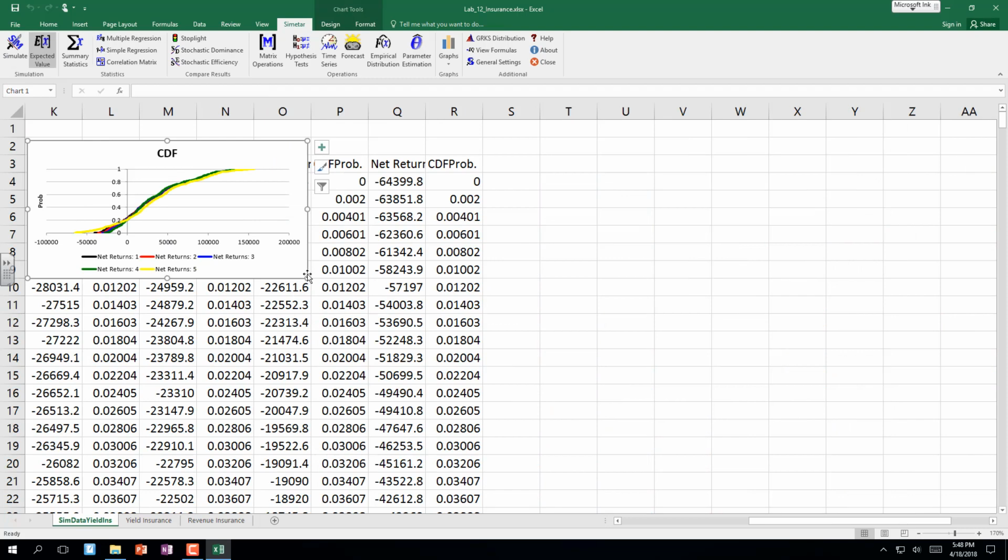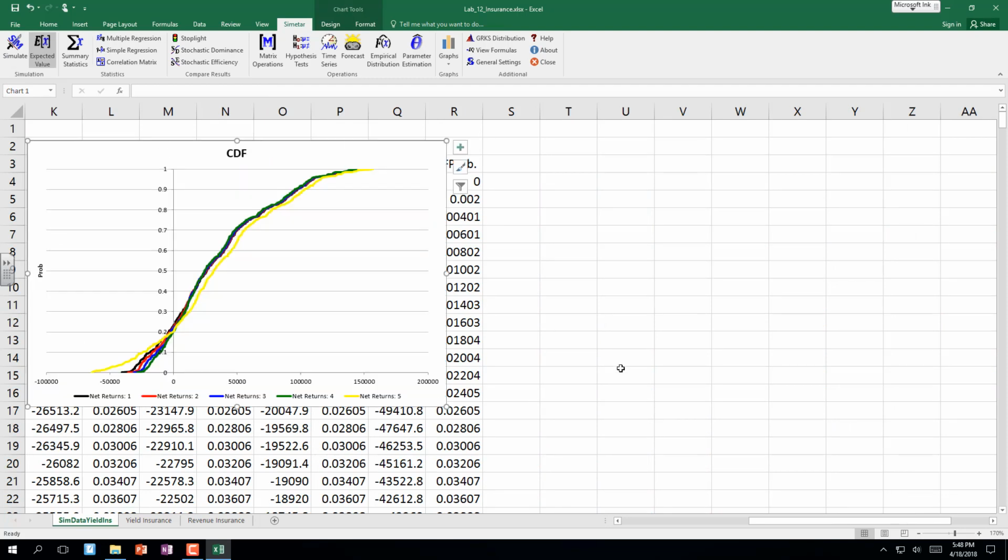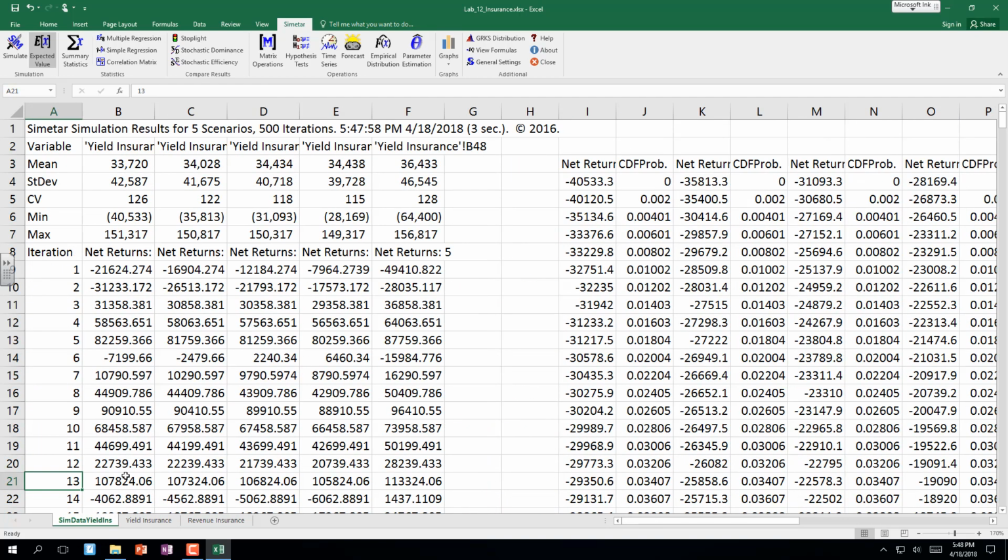Okay, they cross significantly. So that means I need to run surf on them to see a ranking.